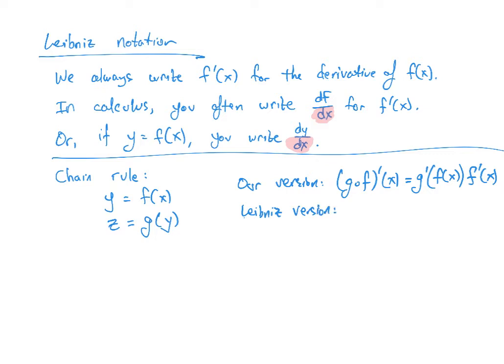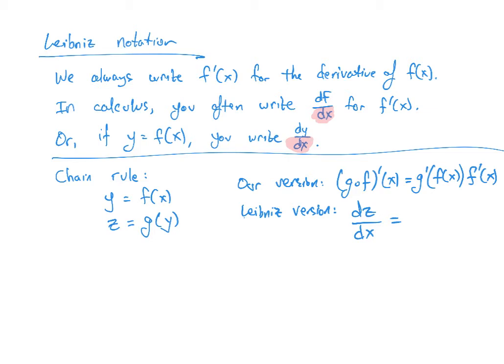Whereas the Leibniz version is, on the left we've got dz/dx. Oh, I'm sorry, I didn't want to write g, I wanted to write z. dz/dx, because z is g of y, and y is f of x, so this is g of f of x, derivative with respect to x.